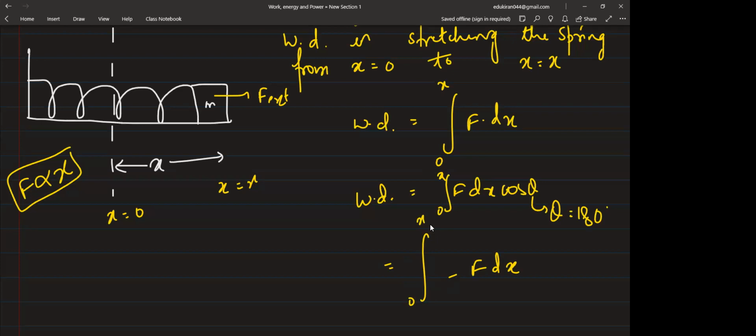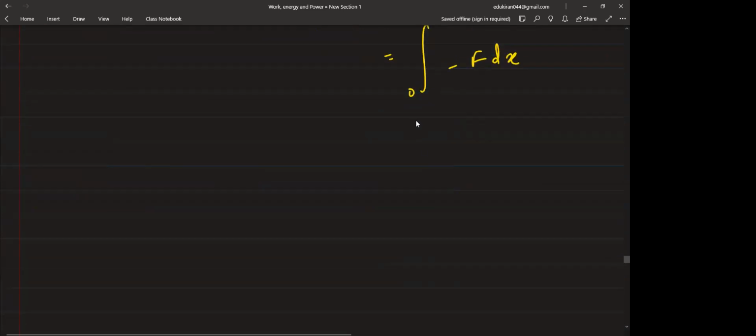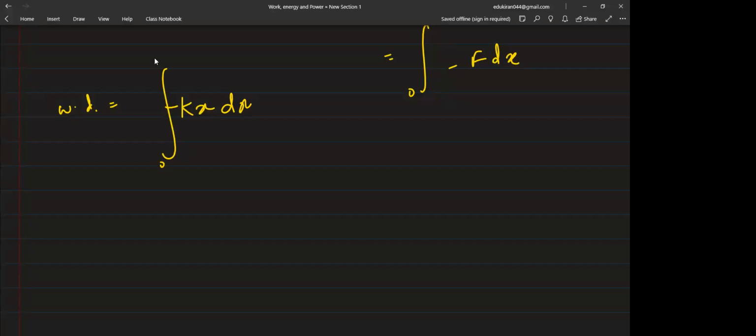All right. Now the second portion is just solving this. So work done is basically minus kx. We are writing the value of force as kx, right? The integral of kx dx from 0 to x. Now when you are solving it, minus k will come out.